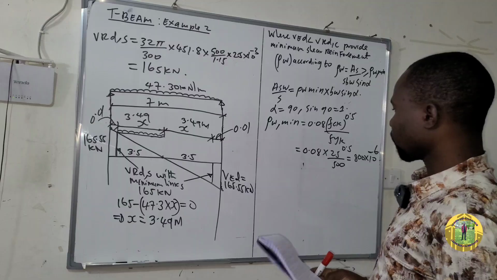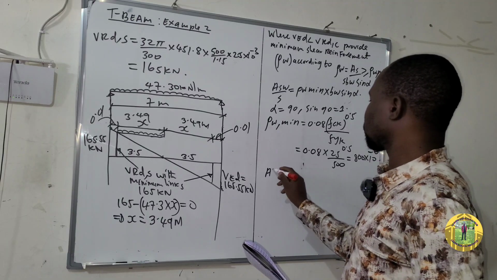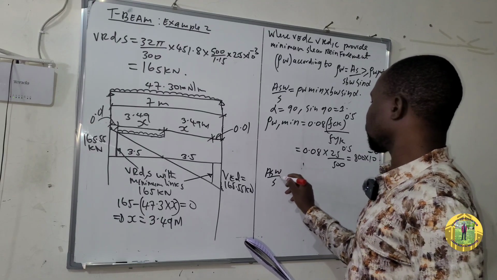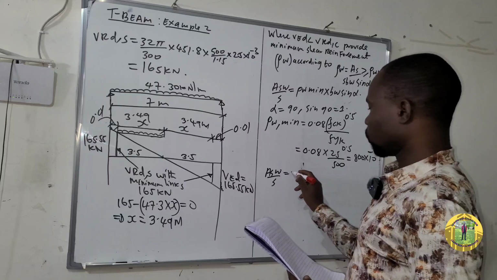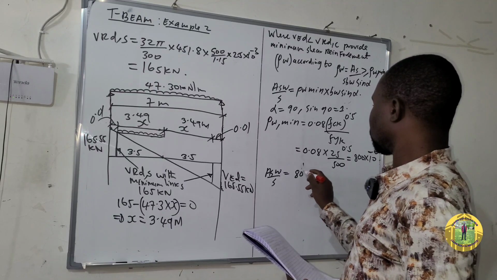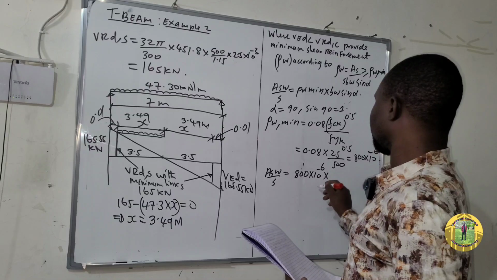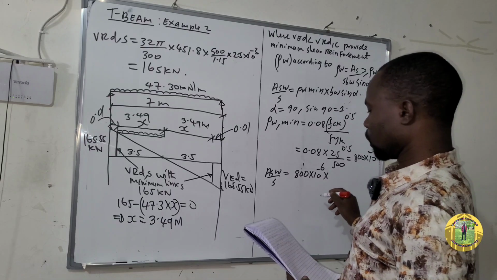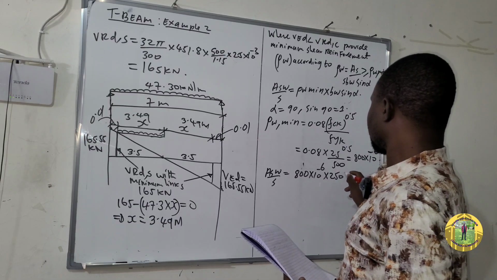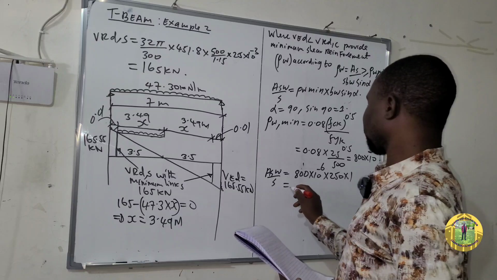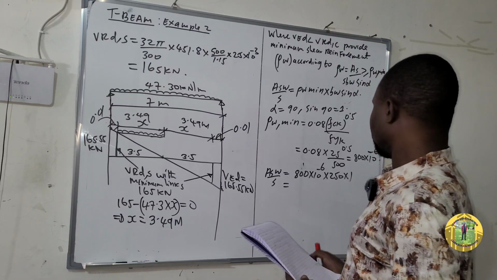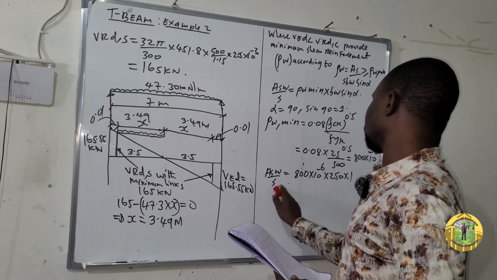We are concluding. So ASW over S is equal to 800 times 10 to the power of negative 6 times 250 times 1. So this one is equal to 0.2.